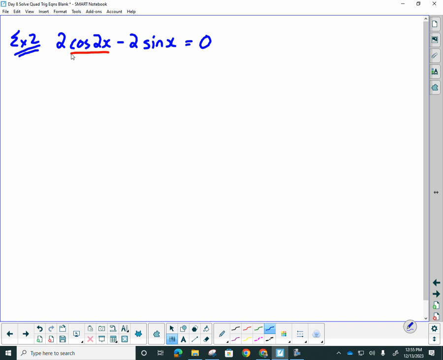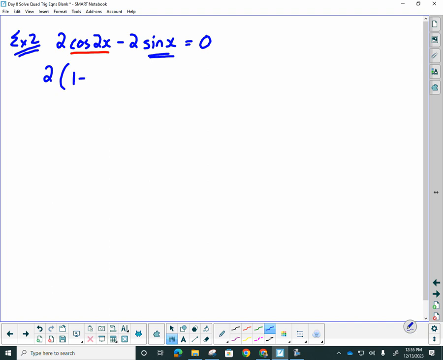So we have 2 times cos 2x. Well, I can use any of the 3 possibilities for the double angle formula, but I think the one I'm going to use is the sine squared one, because I've got a sine over here, and I think I can change this into a quadratic trig equation. So I'm going to use the third of the double angles that are probably written on the board for you.